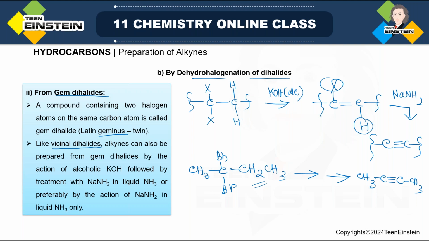So these two hydrogens and these two bromines are the net removal. This is how, starting from gem dihalides, you get the dehydrohalogenation product, that is, the alkyne finally.